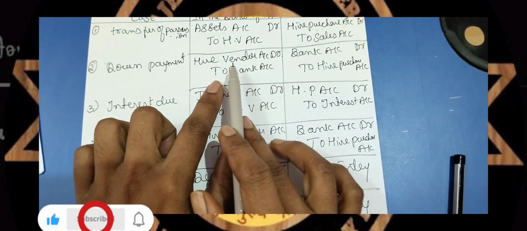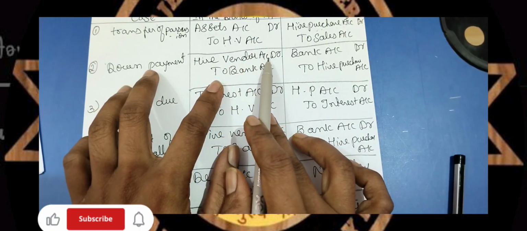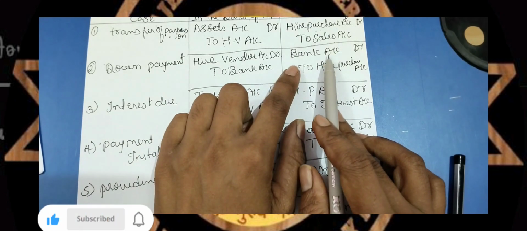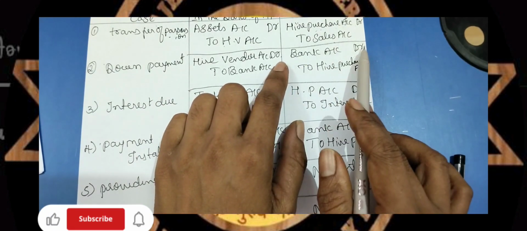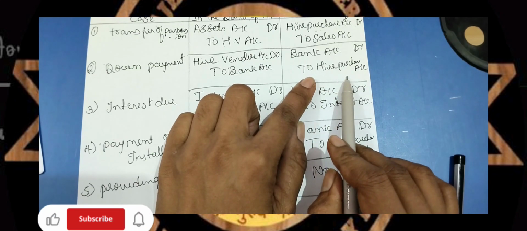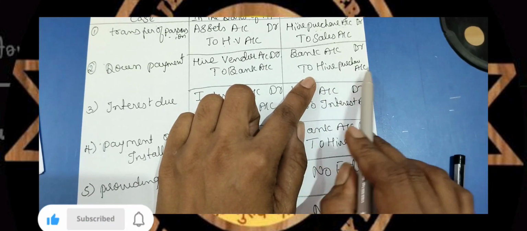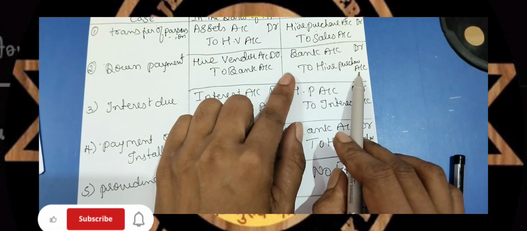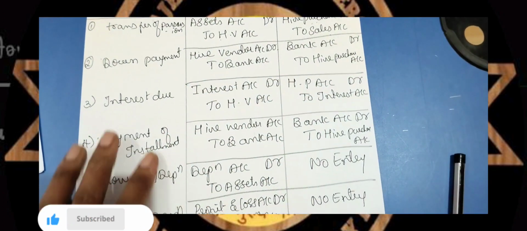So the person who is receiving we have debited, and here he is receiving amount through bank account he has debited, and from hire purchaser he is receiving. Credit the giver, hire purchaser is giving amount, so he credited hire purchaser account.